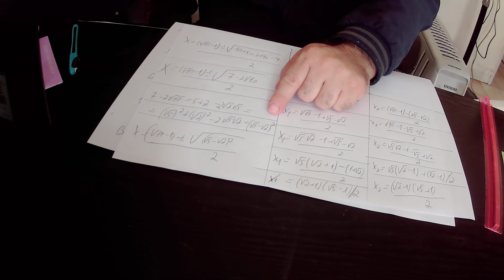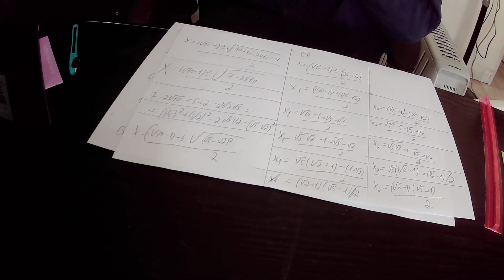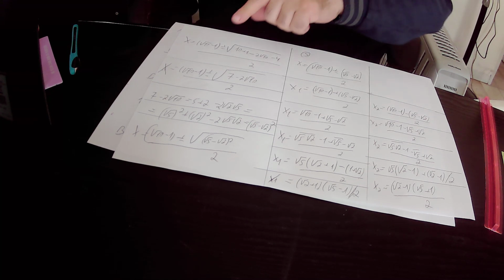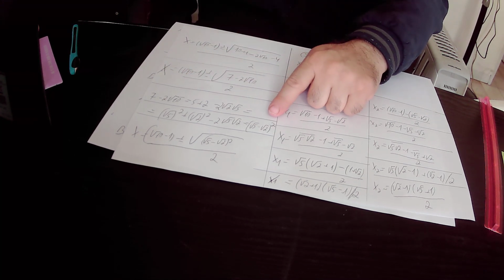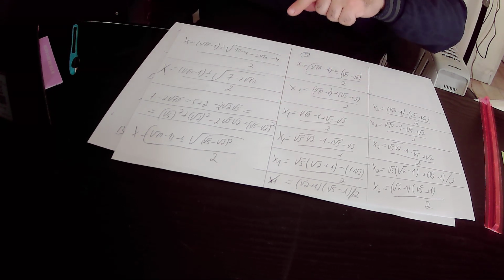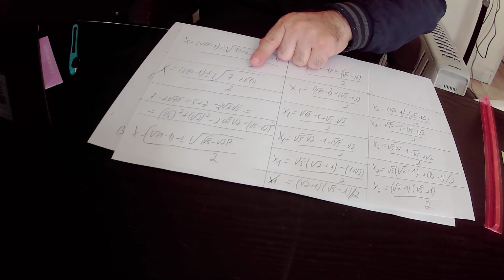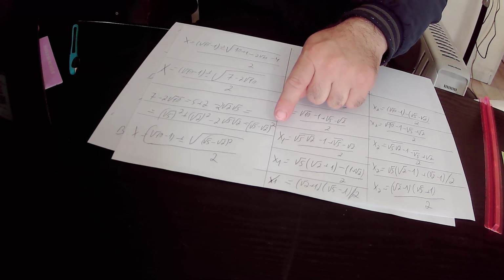So a minus b squared equals square root of 5 minus square root of 2 squared. So we found that 7 minus 2 times square root of 10 equals square root of 5 minus square root of 2 squared. So we can substitute 7 minus 2 times square root of 10 that is inside this root by square root of 5 minus square root of 2 squared.